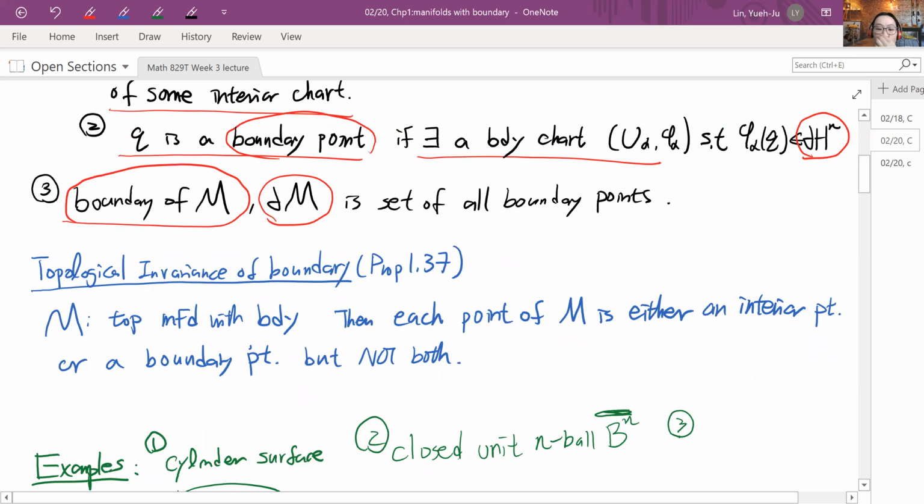Okay. So for 1.40, I would probably put it this way. I'm a little bit sloppy here. I just say most of the topological properties of topological manifolds apply to manifolds with boundary.